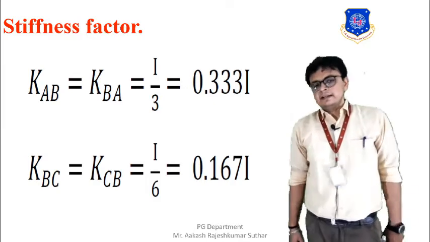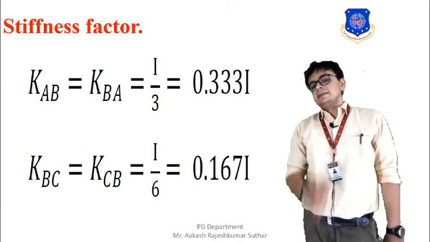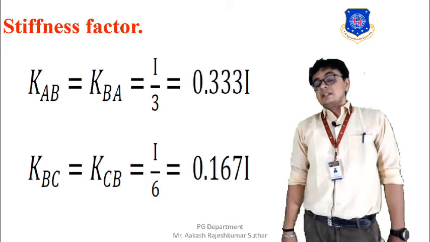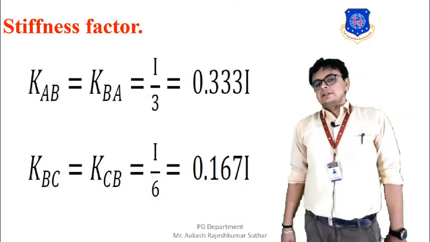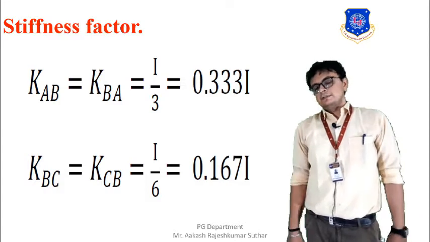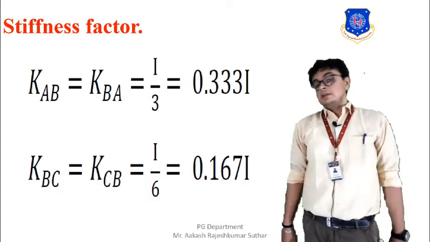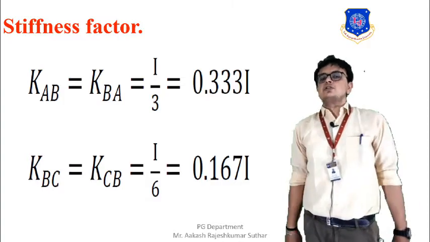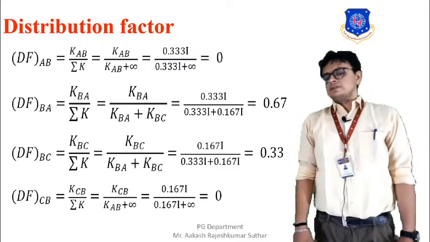So ultimately the stiffness factor for BC and CB will be equal to 0.167I. So in this way we have to get the stiffness factor for our particular beam. In this way the calculations are being done. Now we are moving towards the distribution factor.